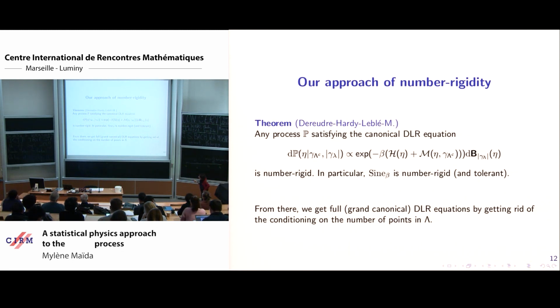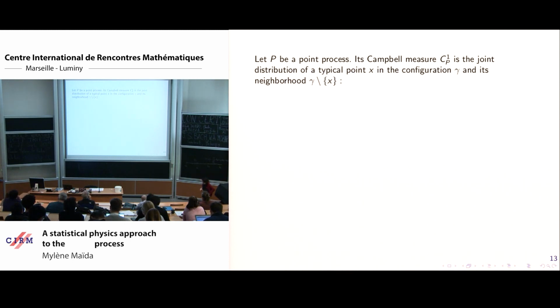But in fact, if this is a deterministic function of gamma lambda complement, I can get rid of the conditioning by the number of points, and this is what is really called the DLR equation. Okay, so number rigidity gives you that in your canonical DLR equation, or full DLR equation, you can get rid of the conditioning. Okay, so how do we go there?